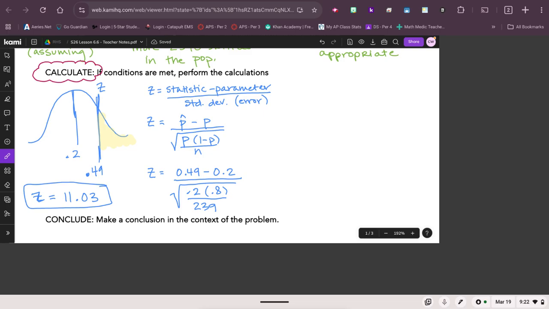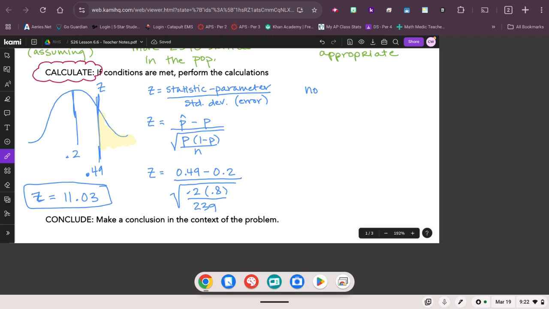That z-score is 11 standard deviations from what we were expecting, from the center, the average of our p-hat values for that situation, our normal curve. 11 standard deviations above average. That's a lot. There's pretty much zero area under that curve. Normal curves only go to 3. We're 11 away.